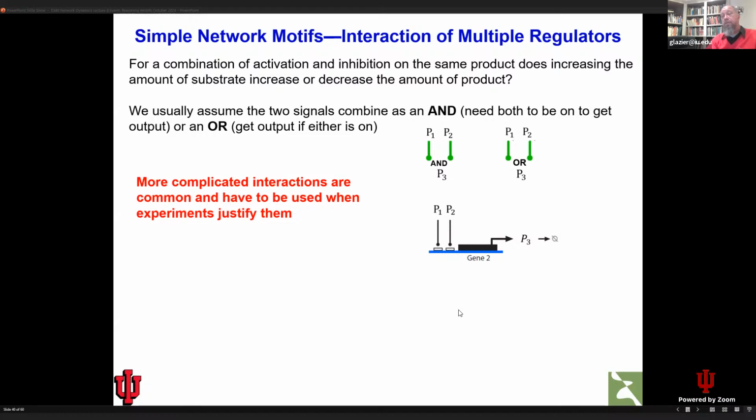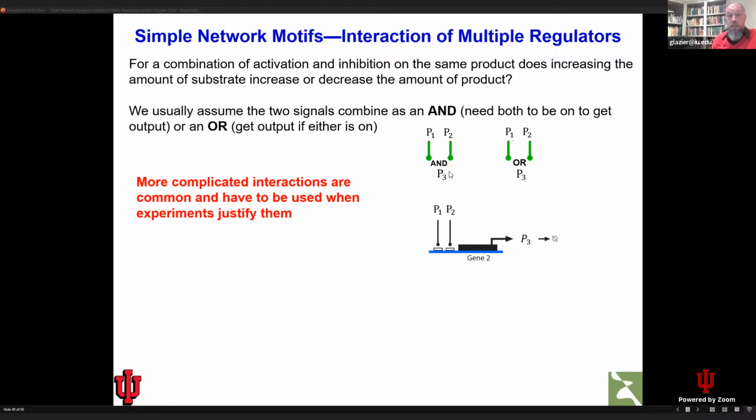The other thing that we have to do is we have to think about situations in which you have multiple signals coming in to one output. And I started that one actually early in class. I said, what if P1 affects P2 and P2 affects P3, but P1 affects P3 directly? So P3 is modulated both by P1 and P2.